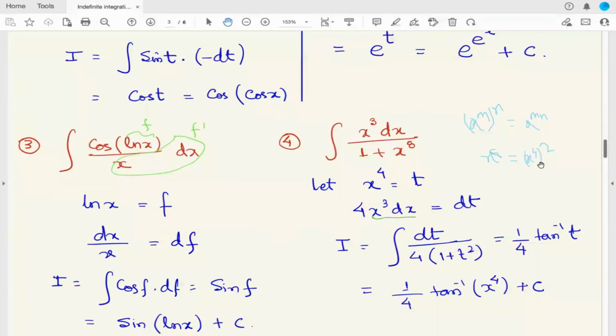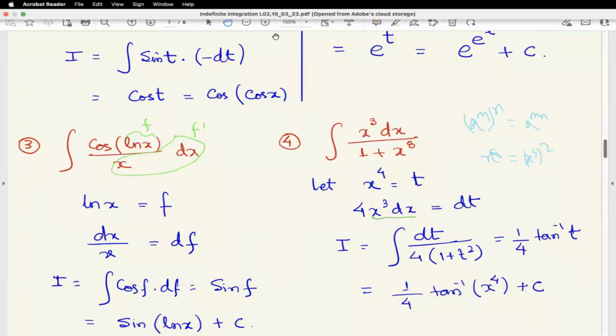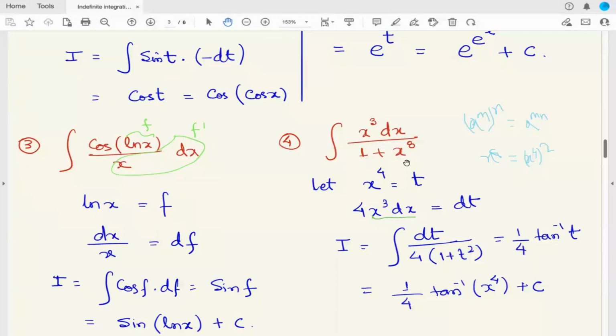So we know that the differentiation of x to the power 4 is 4x cube. So if we look into this problem, if we substitute x to the power 4 as t and we differentiate this function with respect to x, what do we get? We get 4x cube dx is equal to dt.